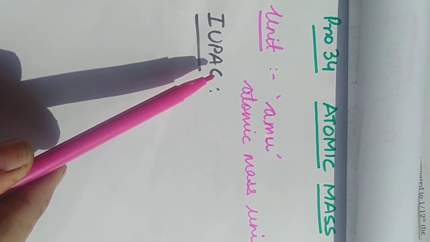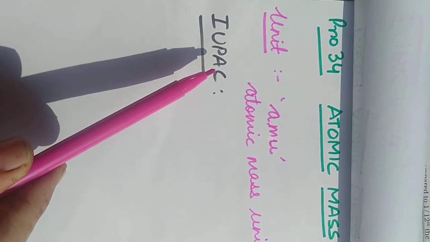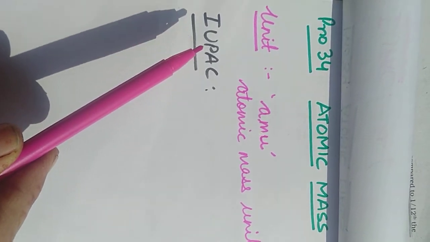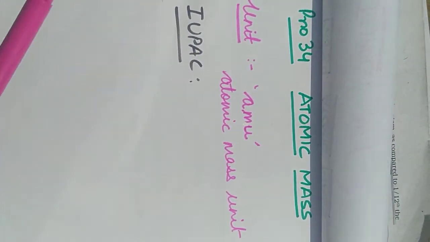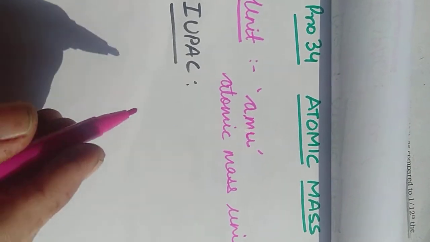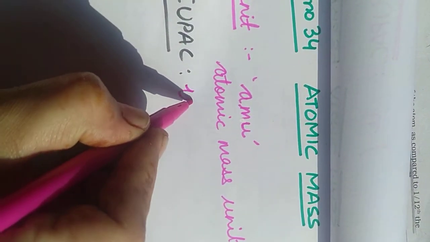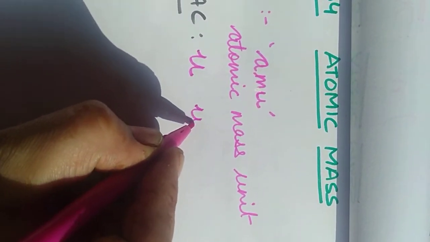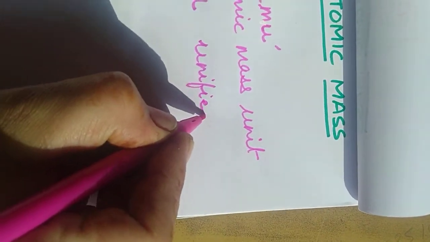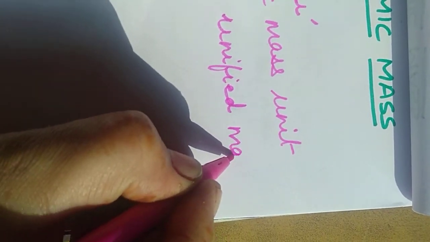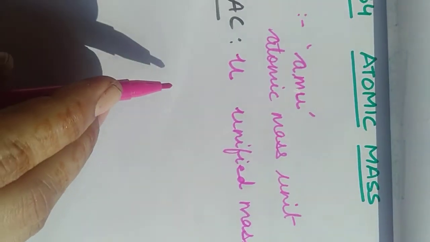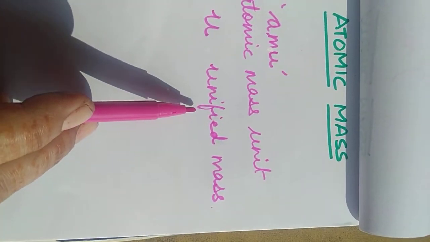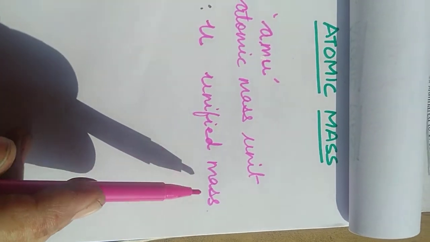It is a body which approves the names of elements, and according to IUPAC, now the unit used is u, small u, which means unified mass. Earlier it was AMU, now only u, unified mass, right?